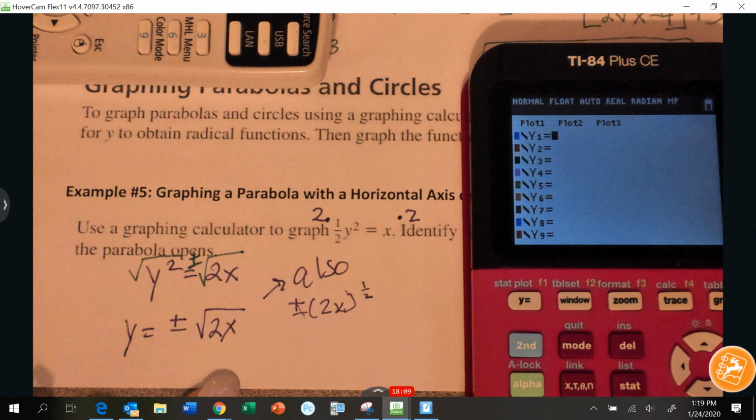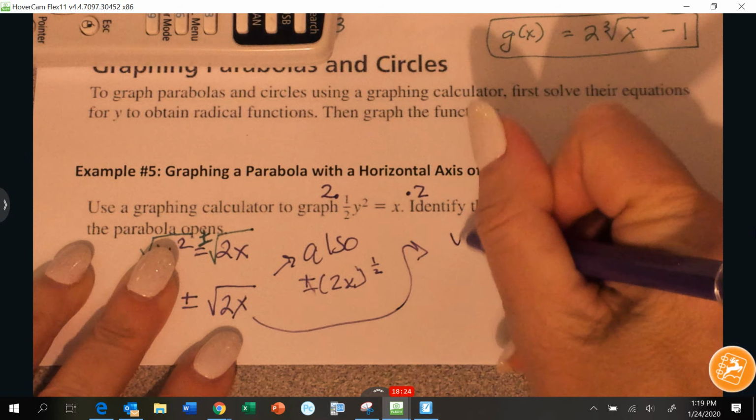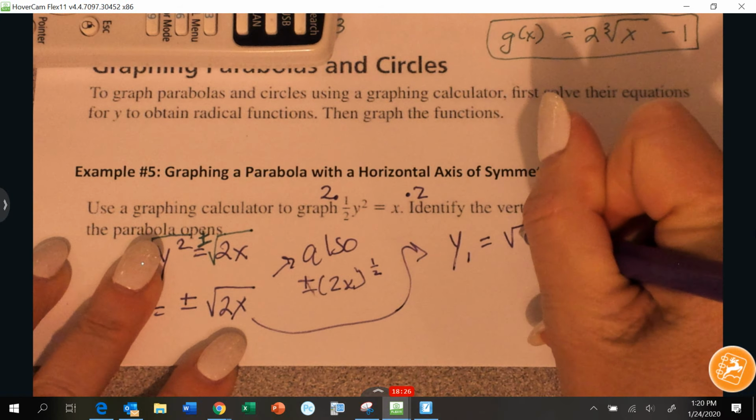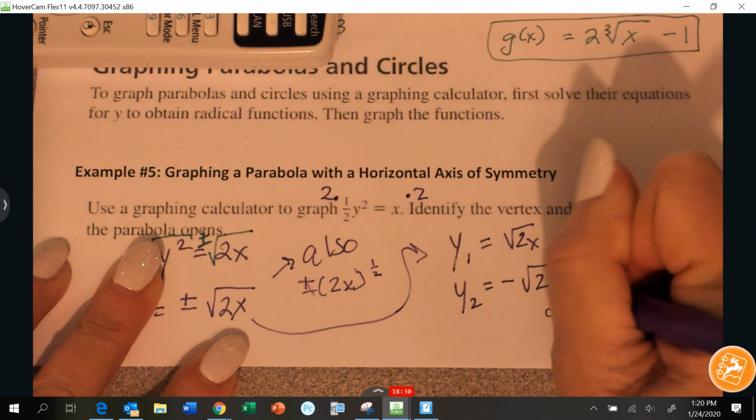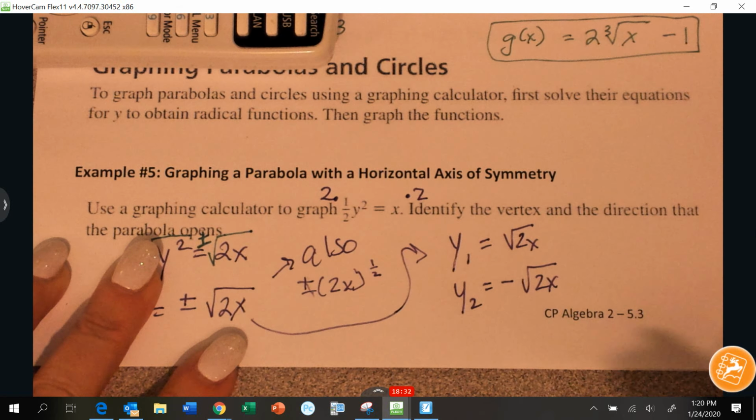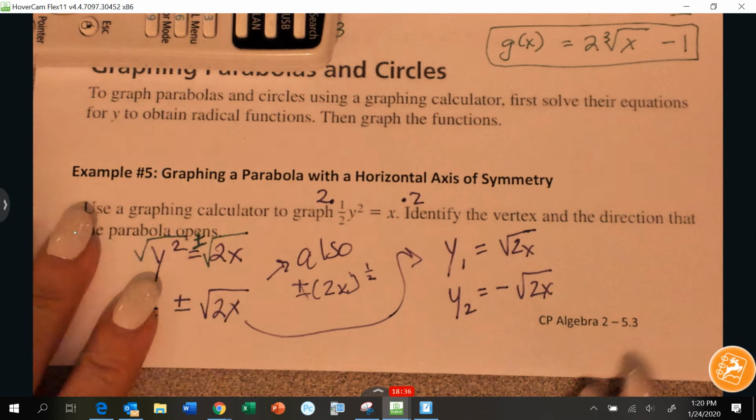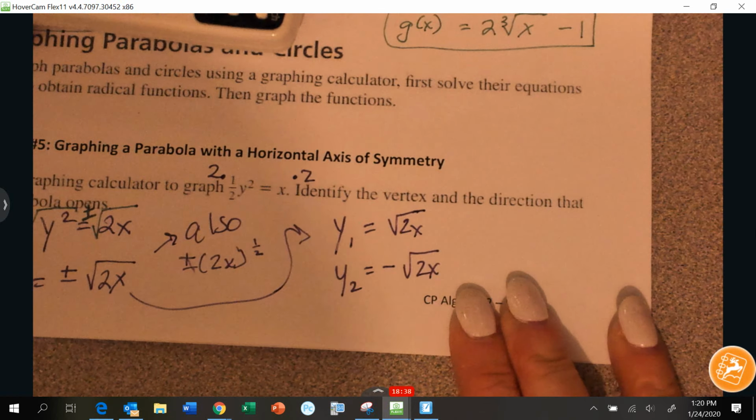All right, how do we type in plus or minus? You can't. You have to have y1 as the square root of 2x and y2 as the negative square root of 2x. Everybody should be writing this down, regardless of whether you have your calculator or not.